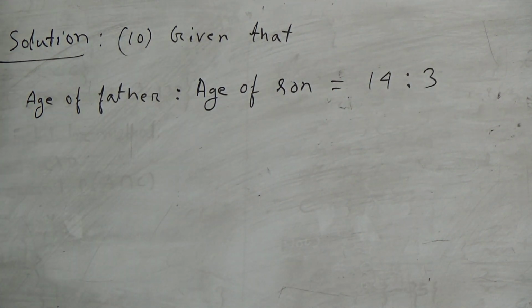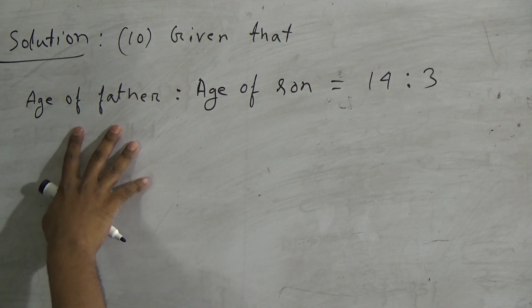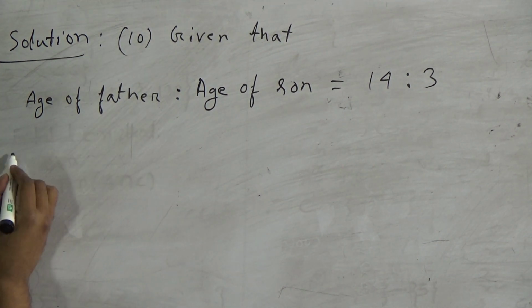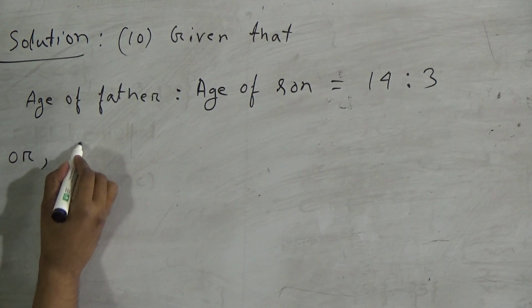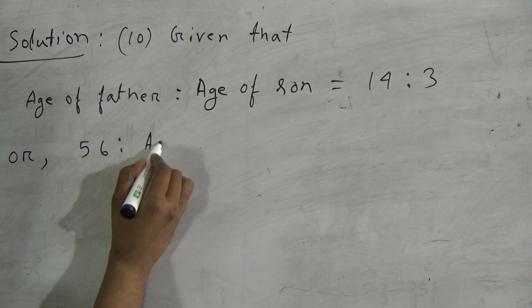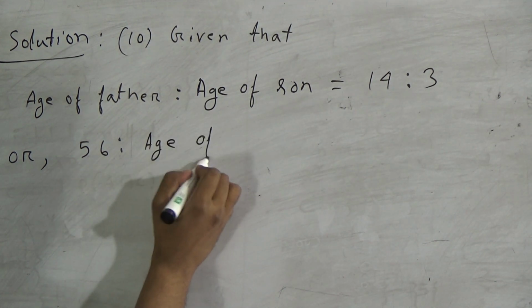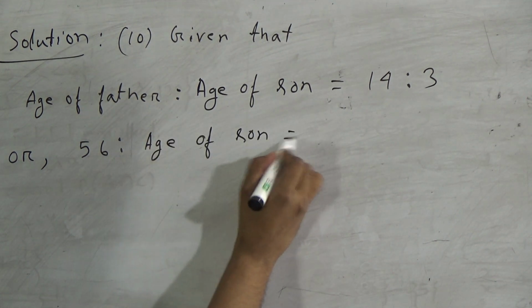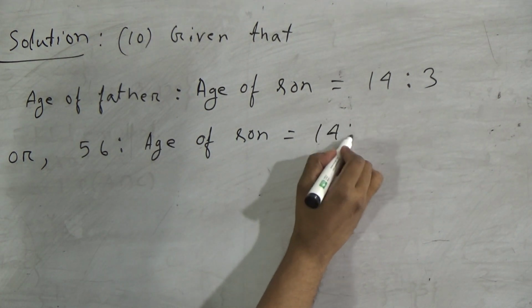Now age of father is given, it is 56 years. So instead of age of father we can write 56 ratio age of son equal to 14:3.